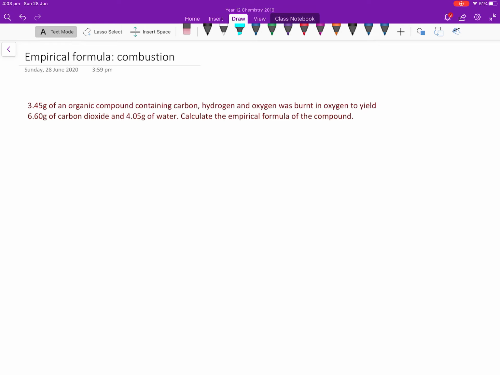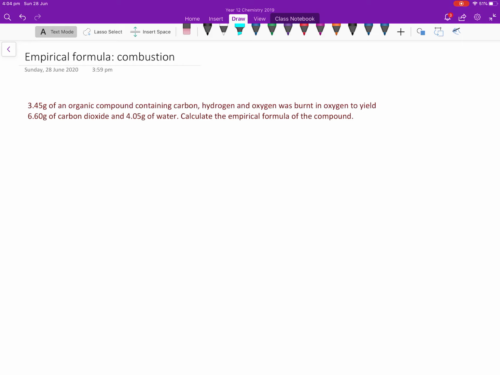But the oxygen in the carbon dioxide and the water has come from both the compound and the oxygen that it was burnt in. So we can't use the oxygen in the carbon dioxide or water to calculate the oxygen that was in the compound. So that's really important to remember.